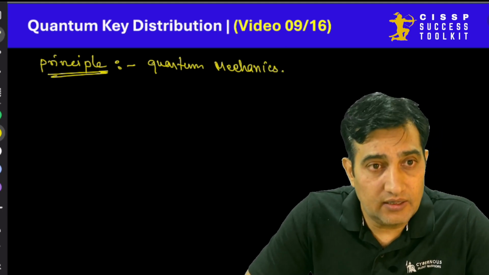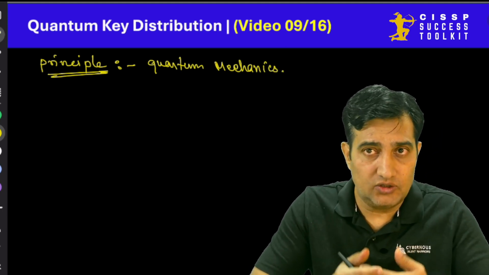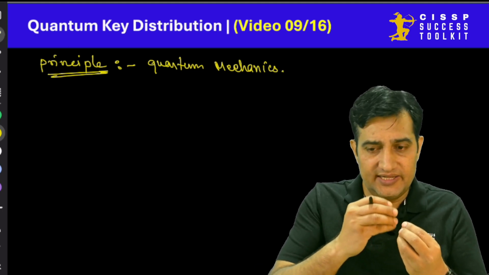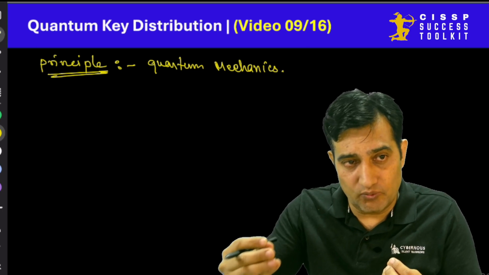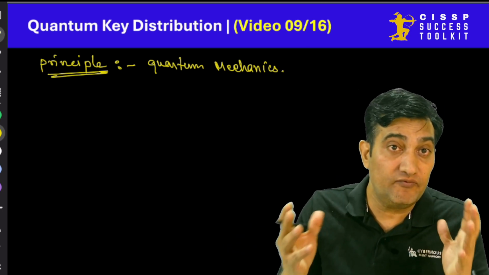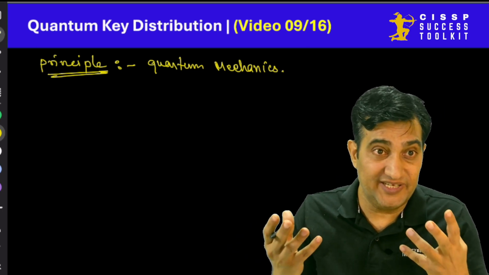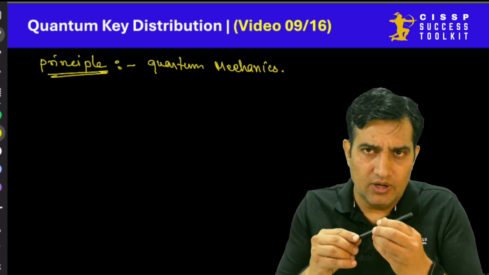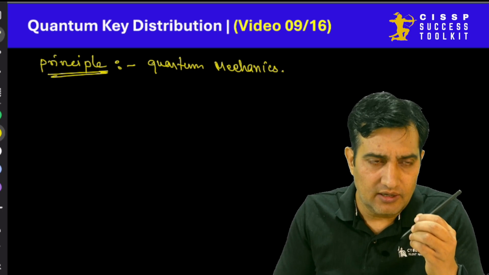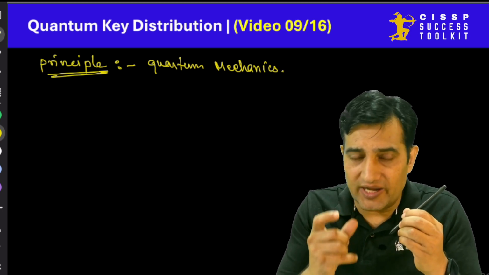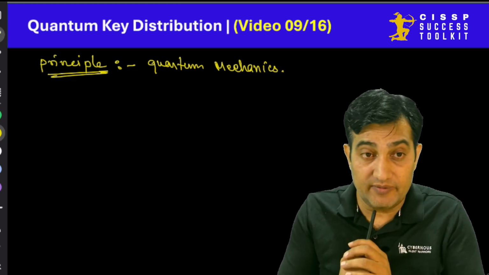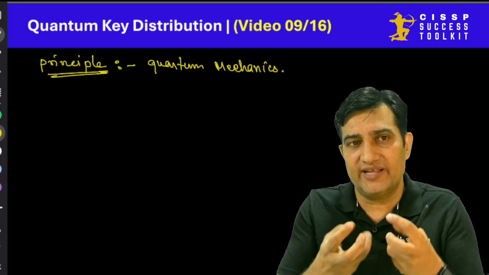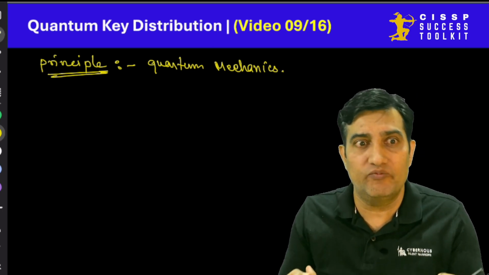We use quantum mechanics to make sure that the communication travels from point A to point B in the shape of photons. Photons mean light, right? And if somebody is trying to play around with that light, we are able to measure it at the same time. Because we are able to measure it, we are able to detect if somebody has tried to play around with that photon.